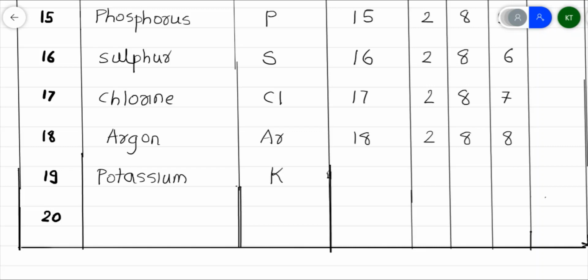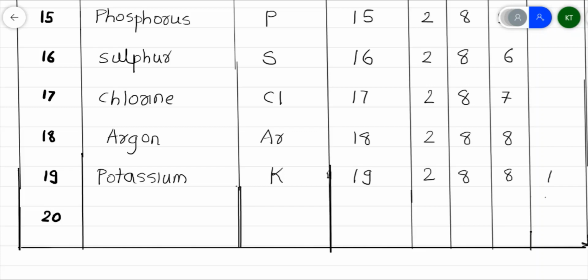Symbol is K, derived from the Latin name Kalium. Atomic number 19. First shell I can have 2, second 8. Now here I cannot fill 9 electrons, because although the capacity of the third shell is 18, I need to follow the second rule, which says that in the penultimate shell I should have the octet completed, and the next electron goes in the next level.